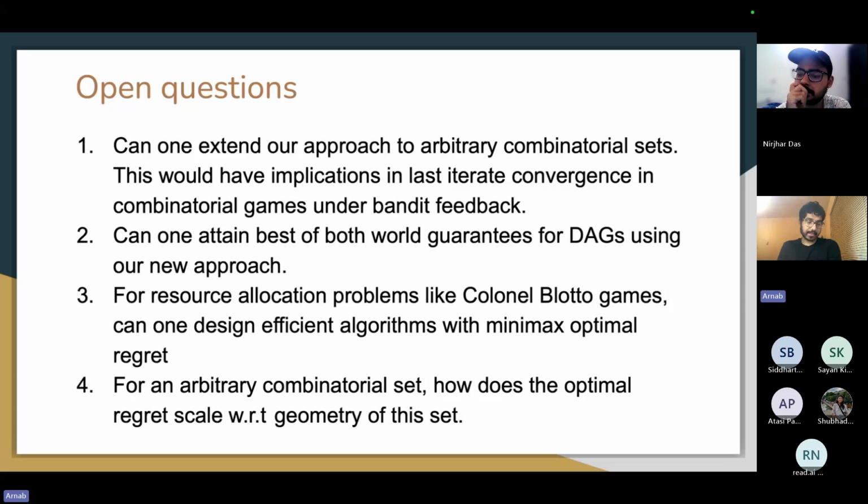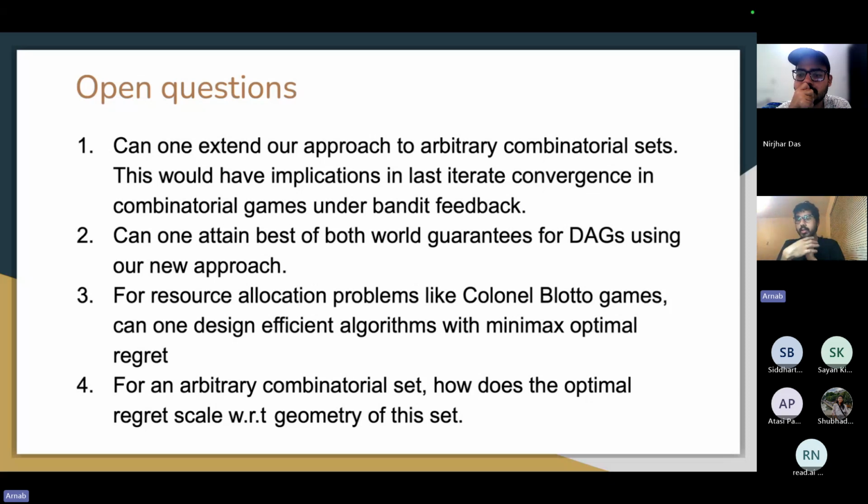And then the second question is best of both worlds. By that, what I mean is that in standard multi-armed bandits, you have the square root KT regret bound in the adversarial setting, and in the stochastic setting, you have a log T by gap kind of regret guarantee.